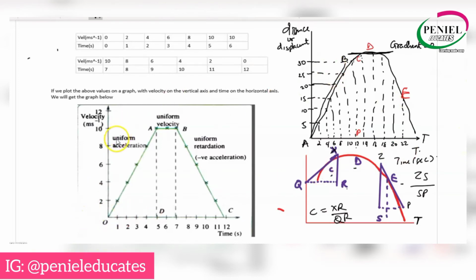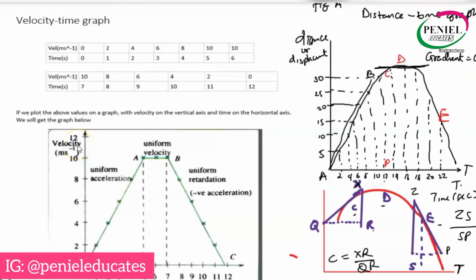Let's look at the velocity time graph. Let us consider a velocity time graph, assuming that we are given velocities of an object moving along a straight line, as in this table.